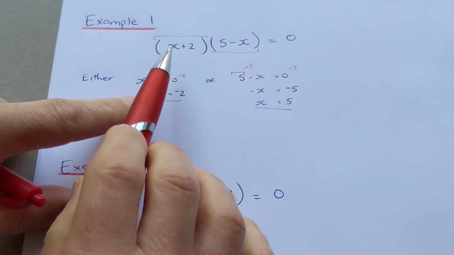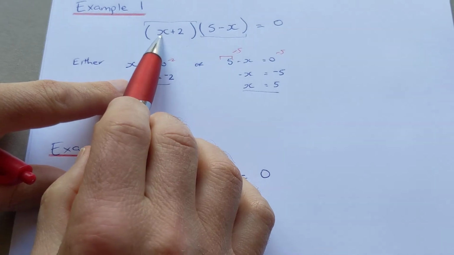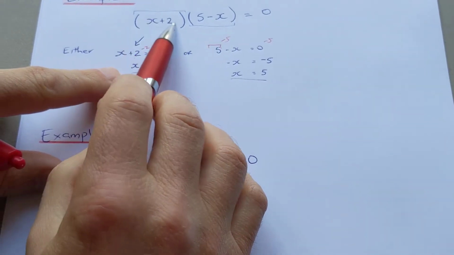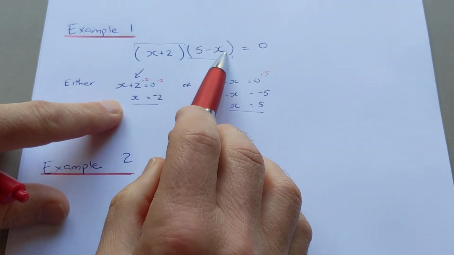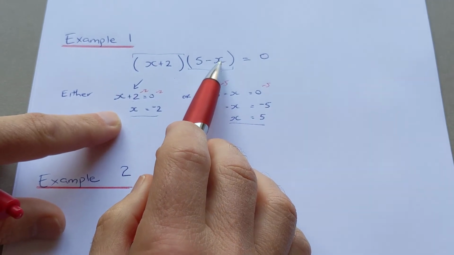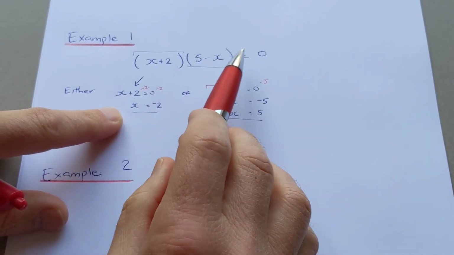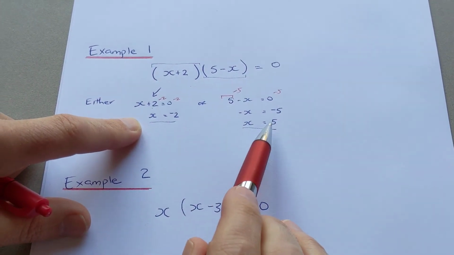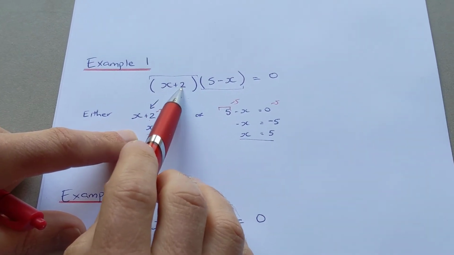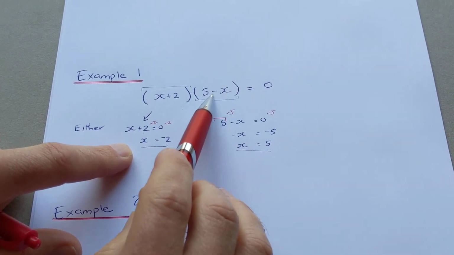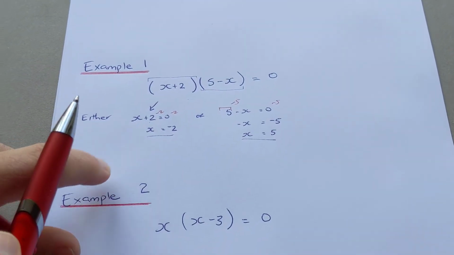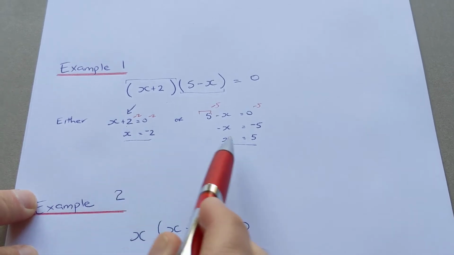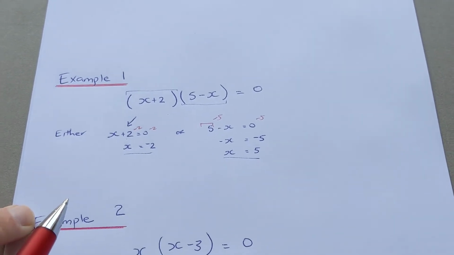If I put negative 2 into x, then I get negative 2 plus 2, that's 0, times 5 minus negative 2, which is 7. 0 times 7 is 0. Alternatively, if I put x equals 5 into the equation, I get 7 times 0, and that's also equal to 0. So you see there are two answers for that example.